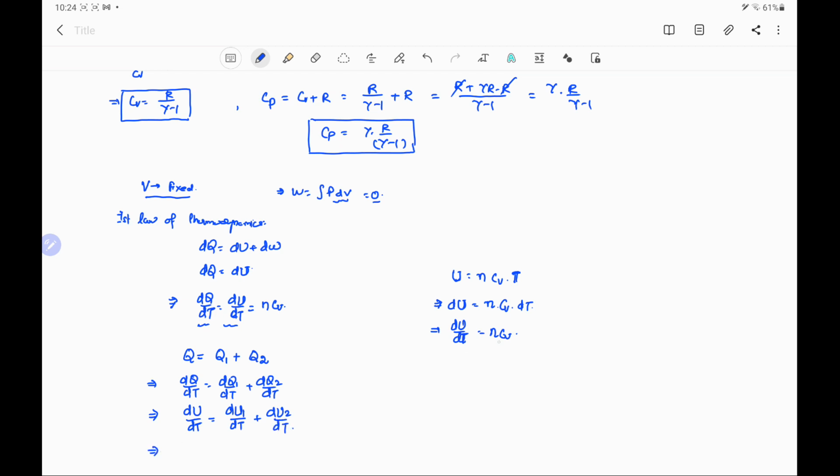And du/dt we have calculated is n into Cv. So for the mixture of the gas, if the total number of moles is n, then the final molar heat capacity Cv, times n, will be equal to N1, the number of moles of the first gas, into its molar heat capacity at constant volume, plus for the second gas N2 Cv2.